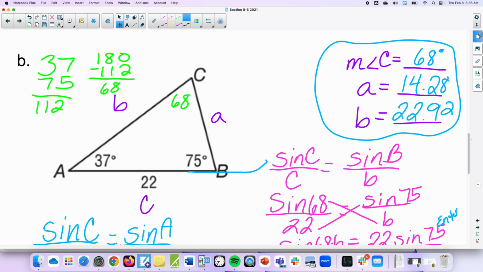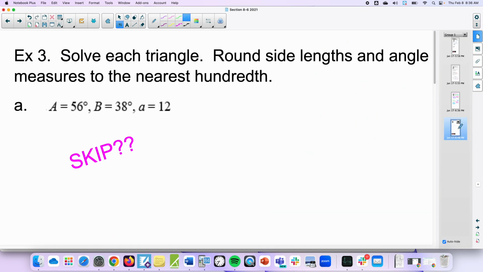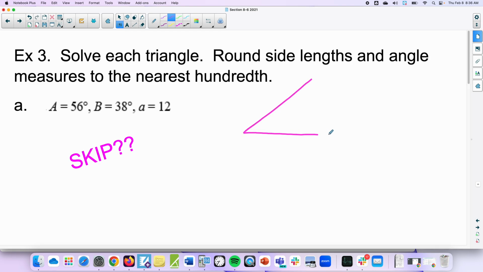All right, so we're gonna skip this first one here, but I just kind of want to show you what you would do. Probably what I would do in this situation is I would just sketch that out. So call your triangle ABC, and then they're saying A is 56, B is 38, little a is 12.